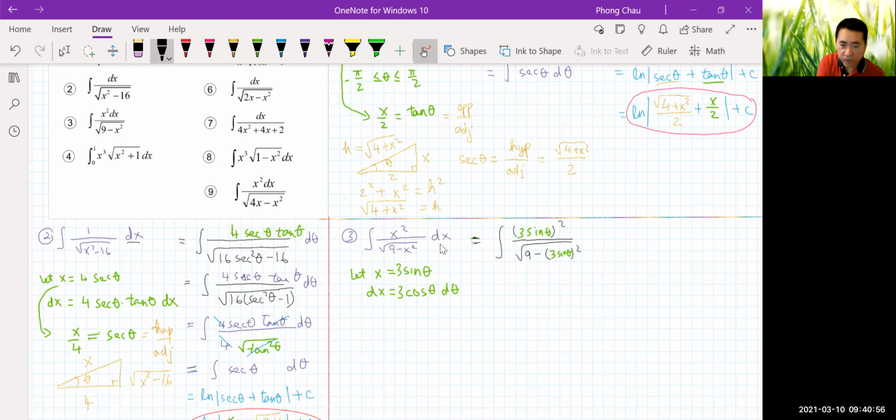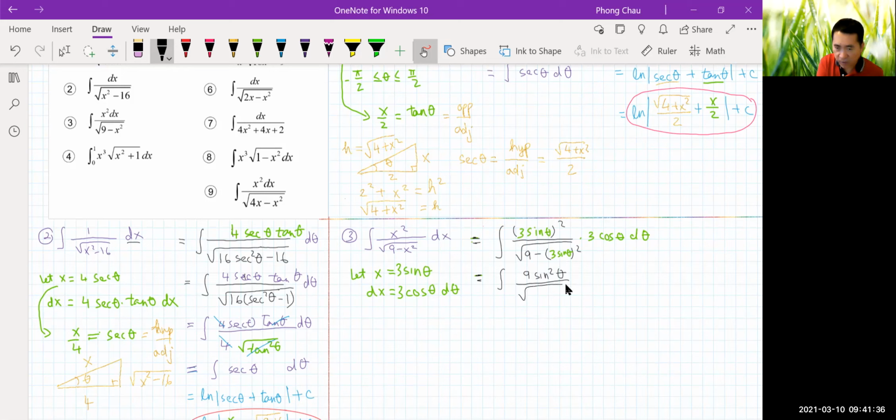Now again, don't forget that the dx also changed to 3 cosine theta d theta as well. Now let's simplify from here. That's 9 sine squared in the top, so that becomes 9 sine squared of theta over the square root of 9 minus 9 sine squared.